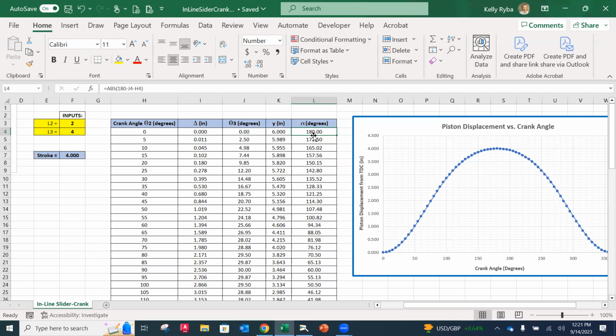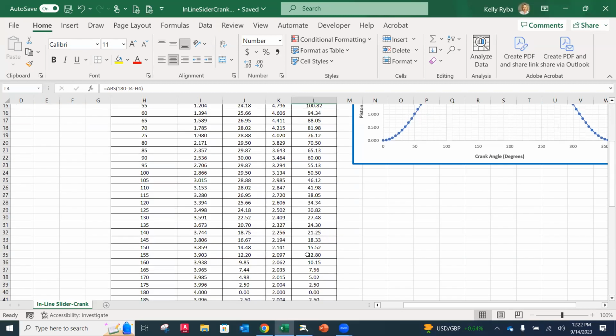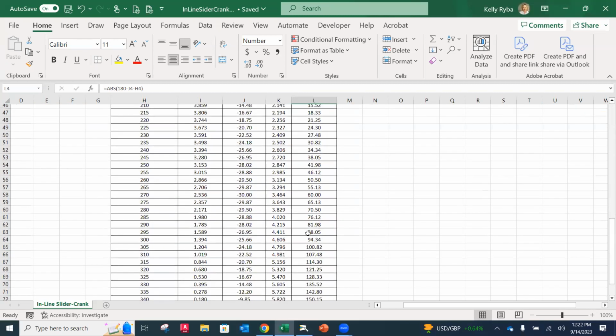But what'll happen is once you get past 180, it'll start going negative values. What you want to do is avoid that. So what we're going to actually plot is the absolute value. You'll notice that I put in front the function ABS, absolute. And that keeps those values positive all the way down.